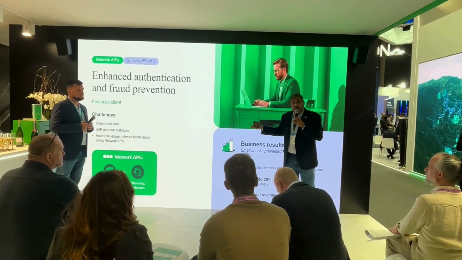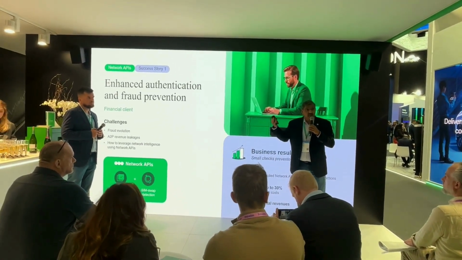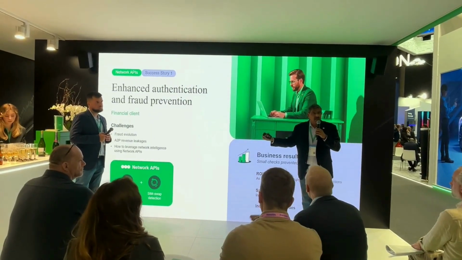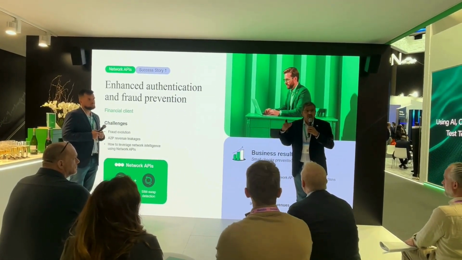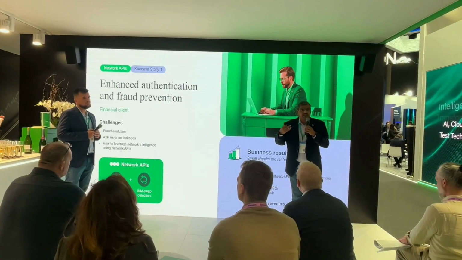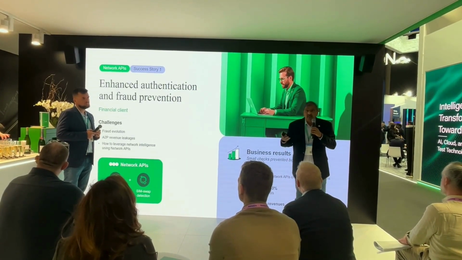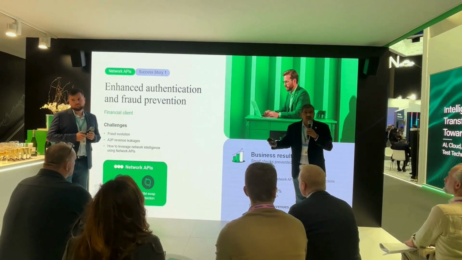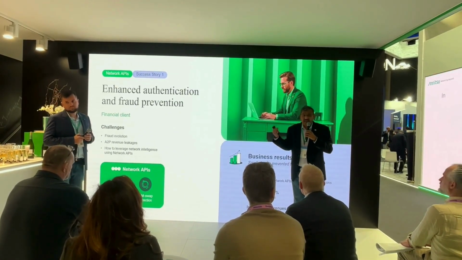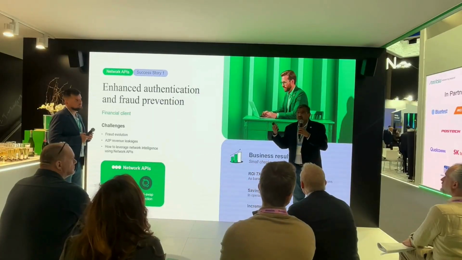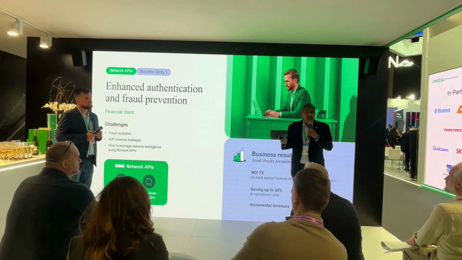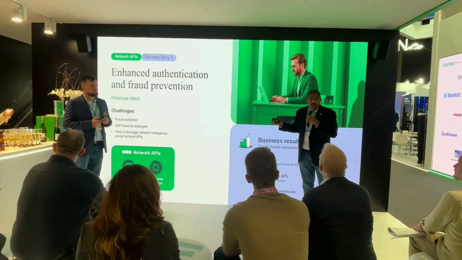So the bank used similar APIs to prevent fraud on high-value transactions. Whenever there is a high-value transaction, additional checks are made to check whether the SIM is swapped or not, as an additional authentication measure. As a result of that, they're able to reduce the fraud, number one. They're also able to increase the customer experience.